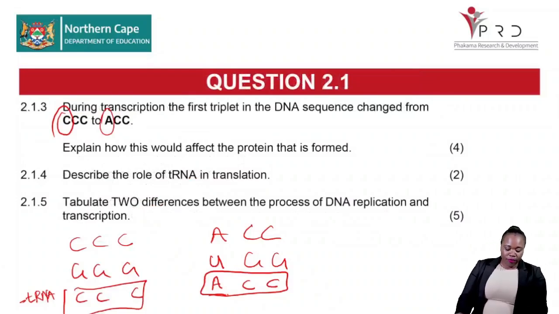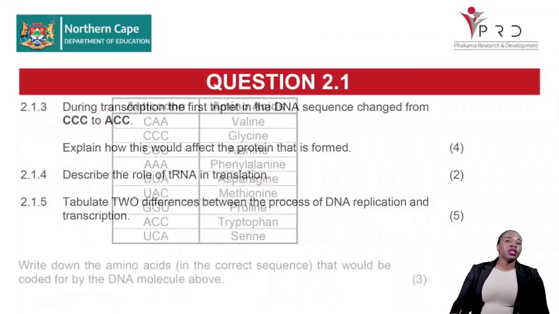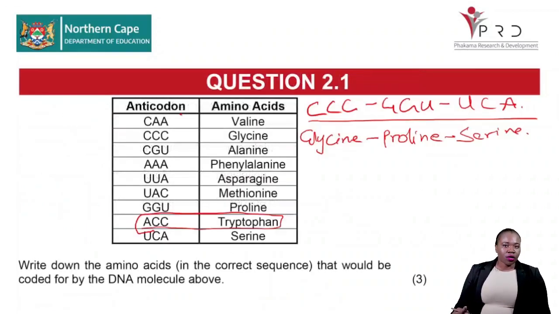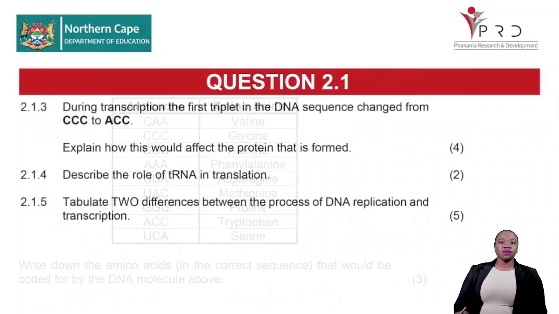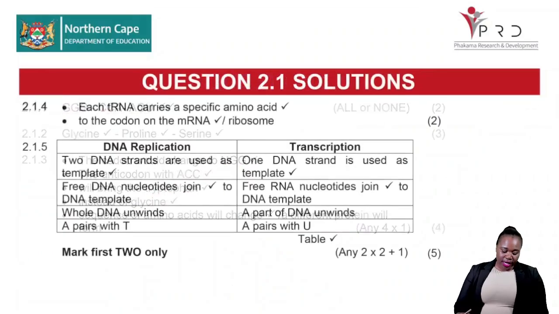Okay, 2.1.4, it says describe the role of tRNA in translation. So remember, translation is the second part of protein synthesis that takes place in the cytoplasm. So now, during this translation, the tRNA is responsible for bringing in the relevant or the correct amino acid that is complementary to the anticodon on the tRNA.